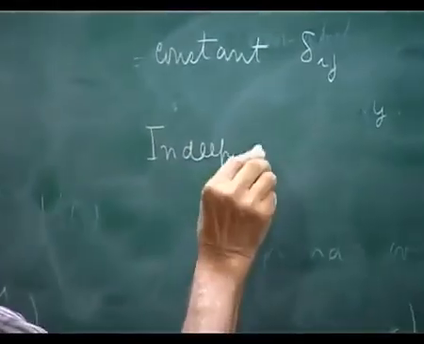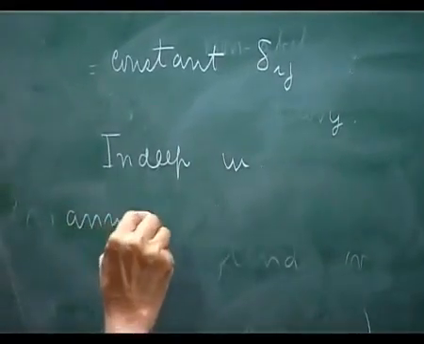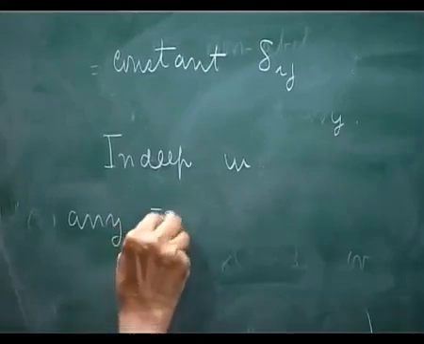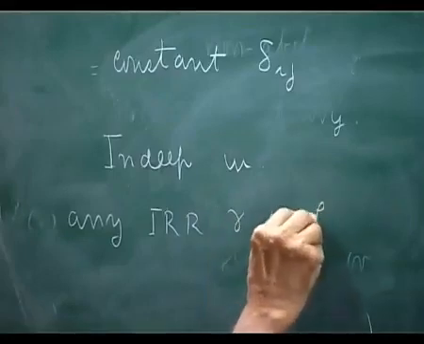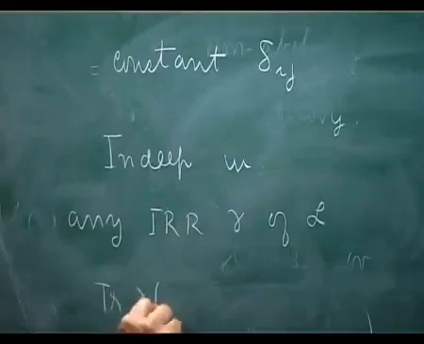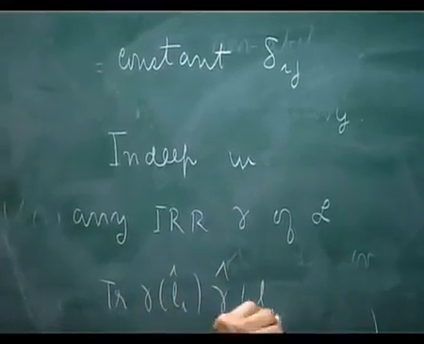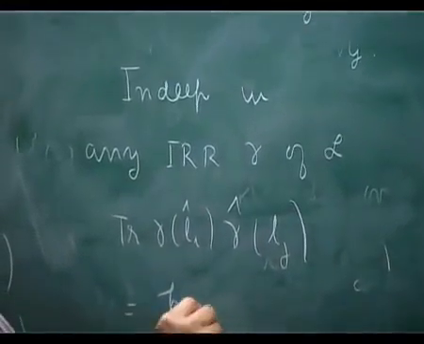In any irrep gamma of L, this object, the trace of gamma(L hat i) gamma(L hat j), is equal to k_gamma times delta_ij.